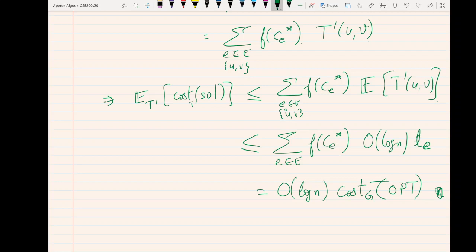So in effect, what this has given us is our order log n approximation algorithm for the buy at bulk network design problem. While there were a lot of parameters that are involved in this problem, like there is the F, there is the capacity you want to buy, there are the lengths on the edges.